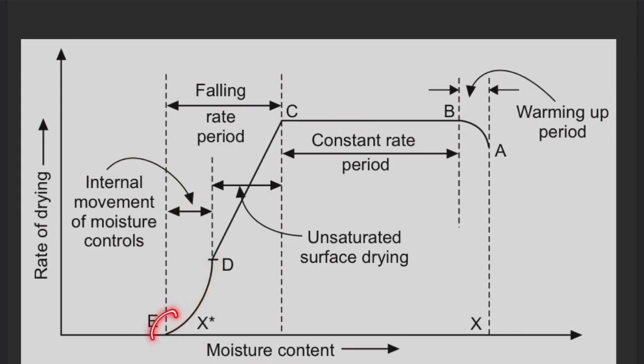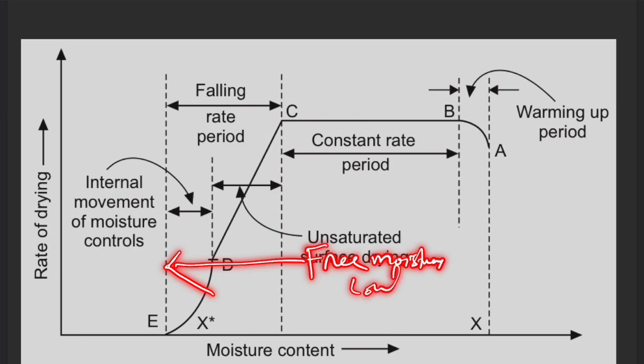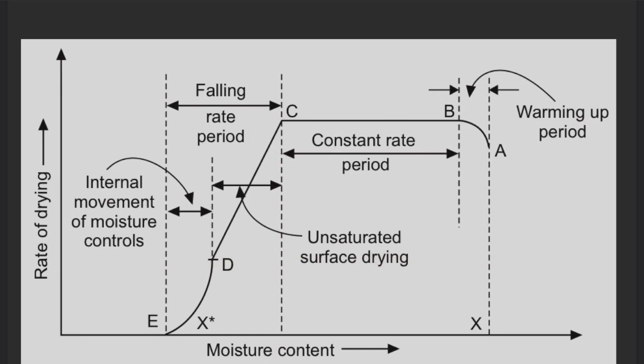And when we reach E, there will be equilibrium moisture content, and as we already know, we cannot remove moisture beyond that, and that is the maximum amount we can remove. So in this case, the free moisture content will be this free moisture content, and beyond this we cannot remove.